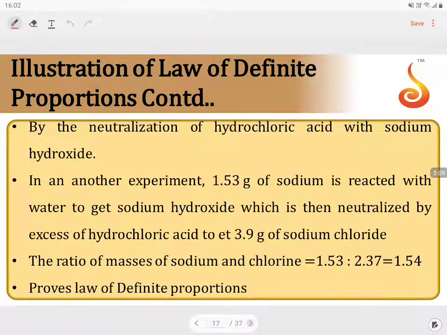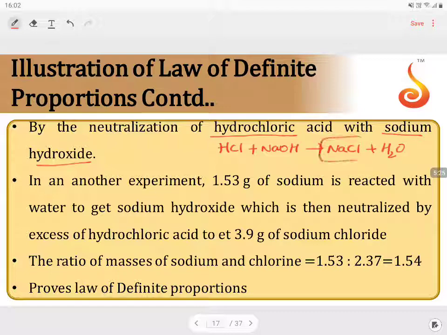If I do the same experiment in another way, by neutralization of acid and base, we get NaCl by the neutralization process: HCl plus NaOH gives NaCl plus water. So in this case also, we are chemically getting NaCl. 1.53 grams of sodium is reacted with water to get sodium hydroxide, which is then neutralized by HCl to get 3.9 grams of sodium chloride.